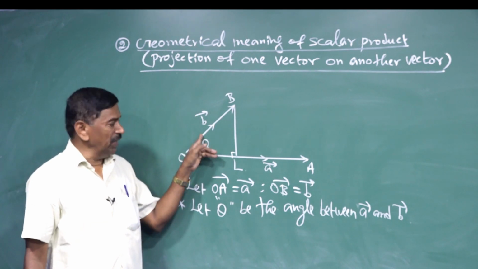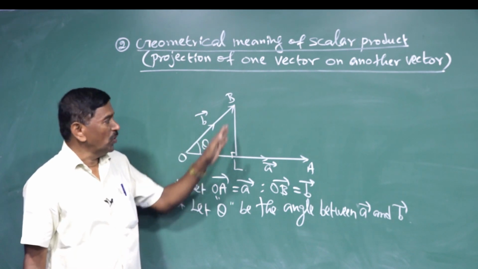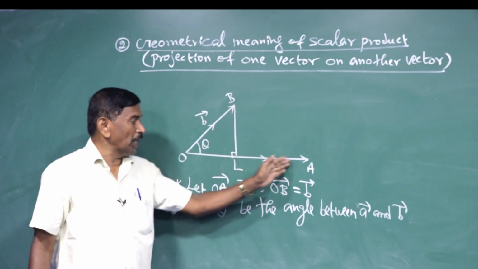Let theta be the angle between A vector and B vector. Now draw BL perpendicular to OA.